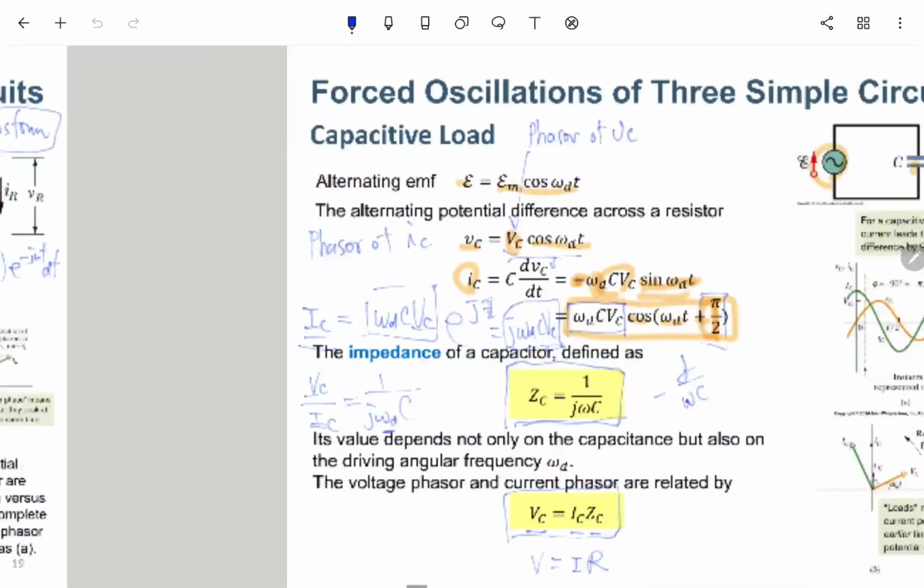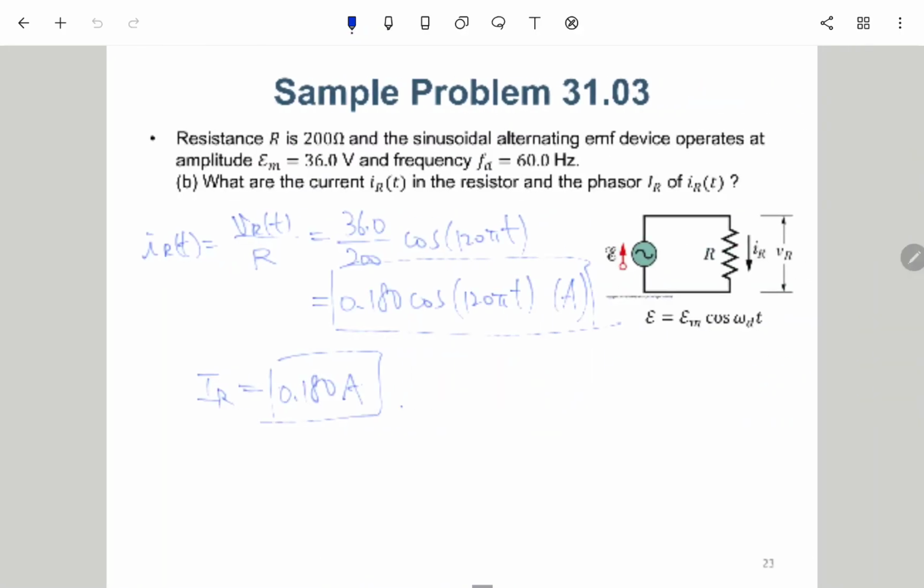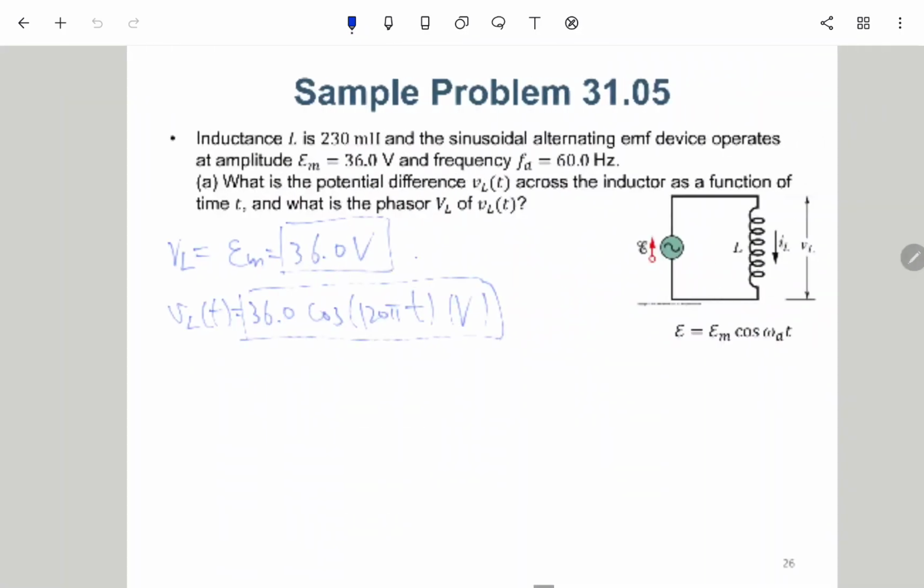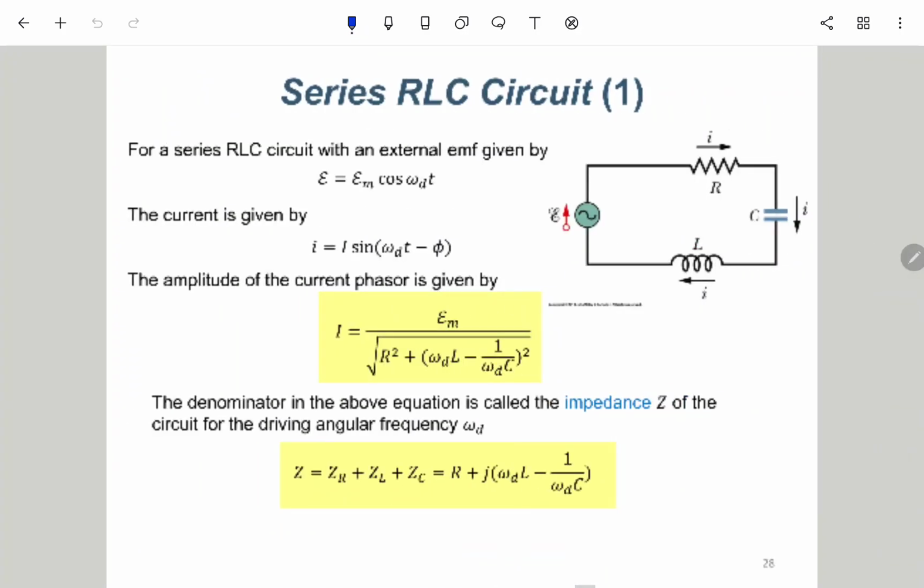But here we don't assume any initial energy. We just connect a sinusoidal or cosine, alternating EMF to this RLC circuit. So it must be different.